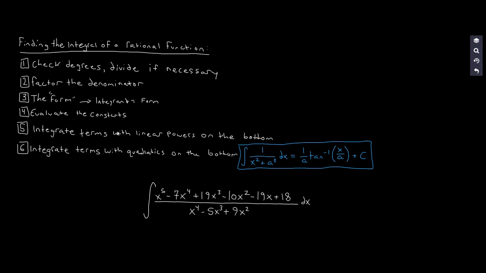And we're just gonna move on to step 4. So step 4 is to evaluate the constants, right? So we have to find what the values are for A, B, C, and D. And so the first thing that we need to do is multiply the entire thing by its LCD.